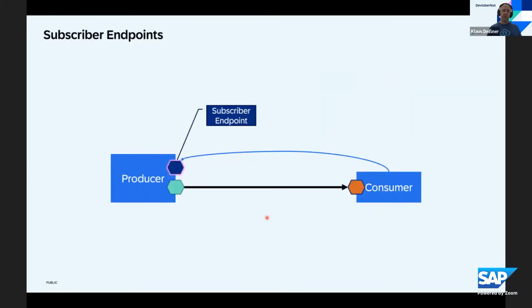A third type of endpoints we look at is the subscriber endpoint. Here, that is a bit specific to the CloudEvents project because we have this specification for a subscription API. You can use this subscriber endpoint to subscribe your producer endpoint to a producer that then sends the subscribed events to this endpoint you're providing during subscription.